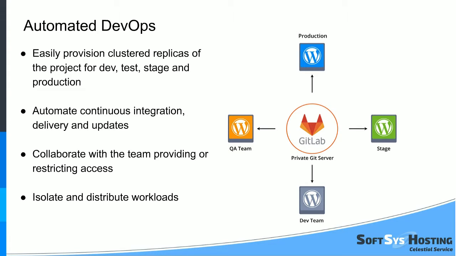It also has a collaboration feature with team members, so that multiple team members can work on the same environment easily. So these are some of the key things that you should consider having in your platform that supports DevOps and automated deployment and scaling.